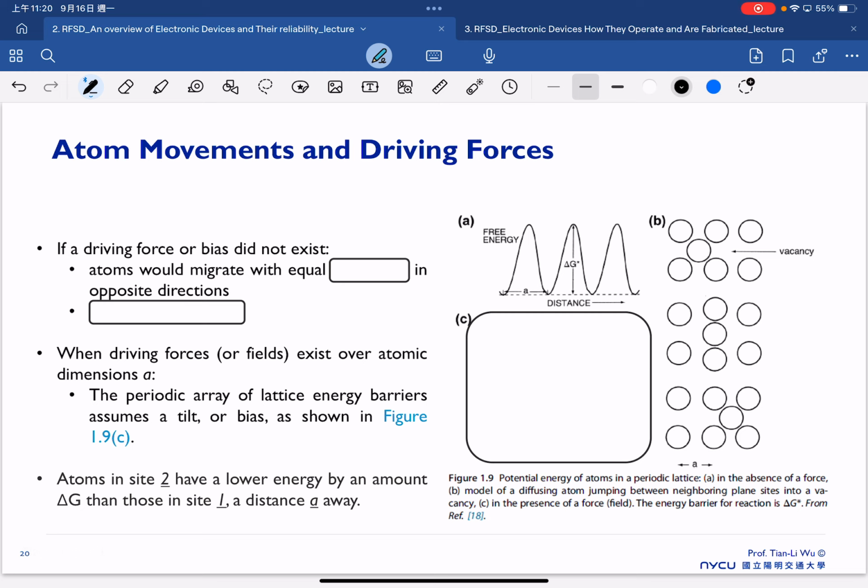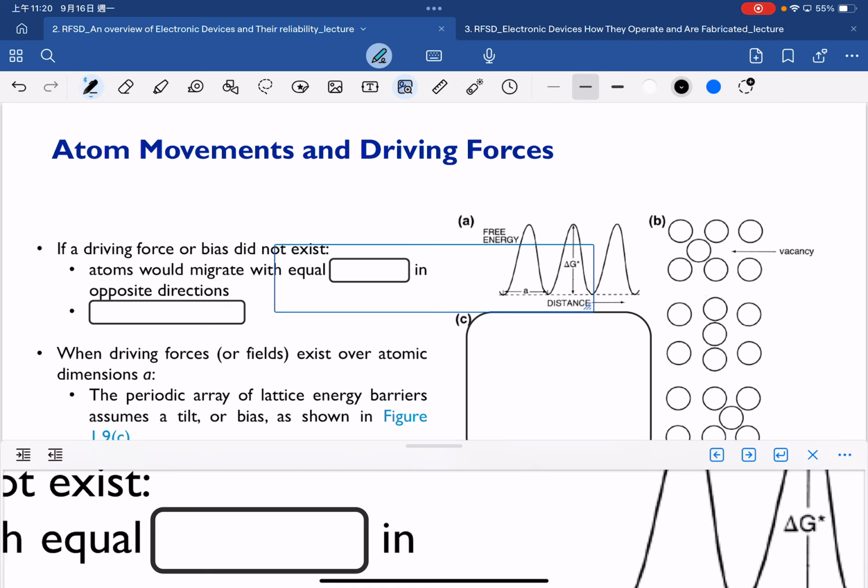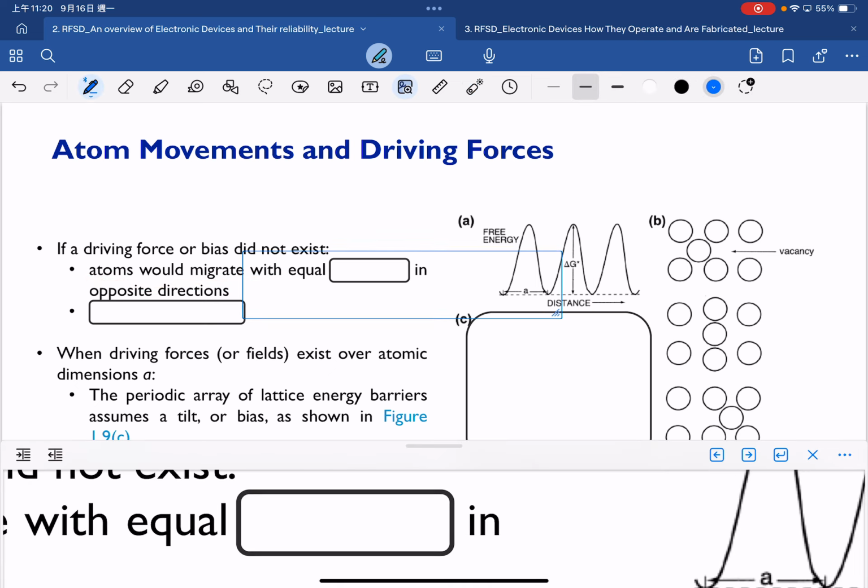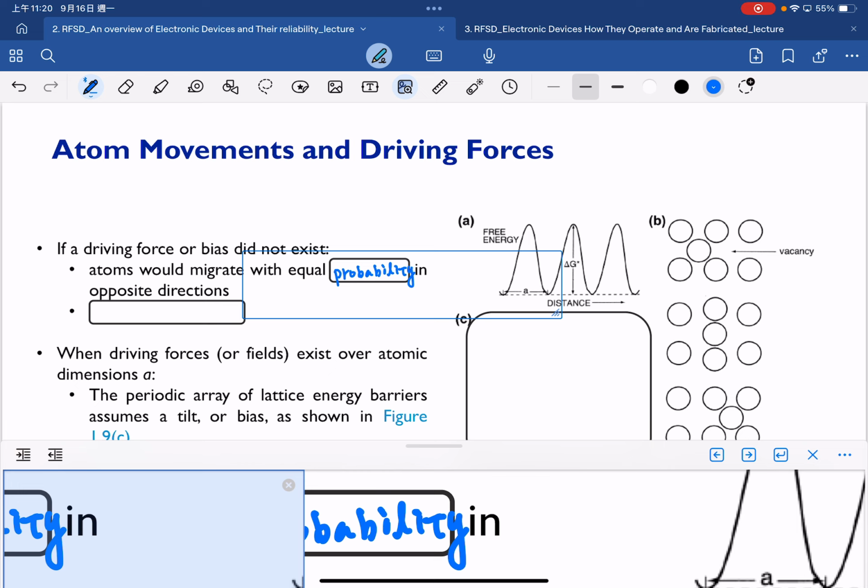So, if a driving force or bias did not exist, then the atom will migrate with equal probability in the opposite direction.